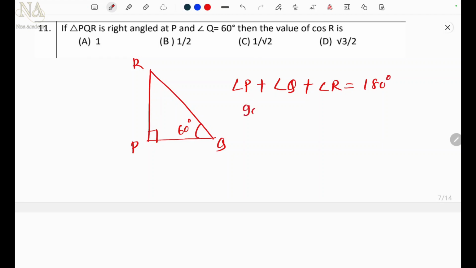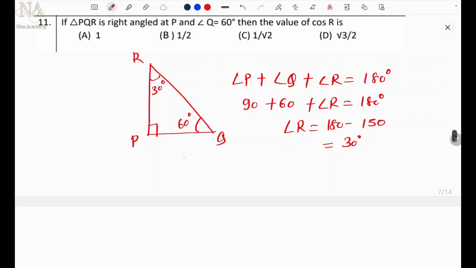So P is 90, Q is 60, R we don't know. This is 150, so 180 minus 150 is 30. You can even guess it just by looking: 90, 60, so obviously it will be 30.